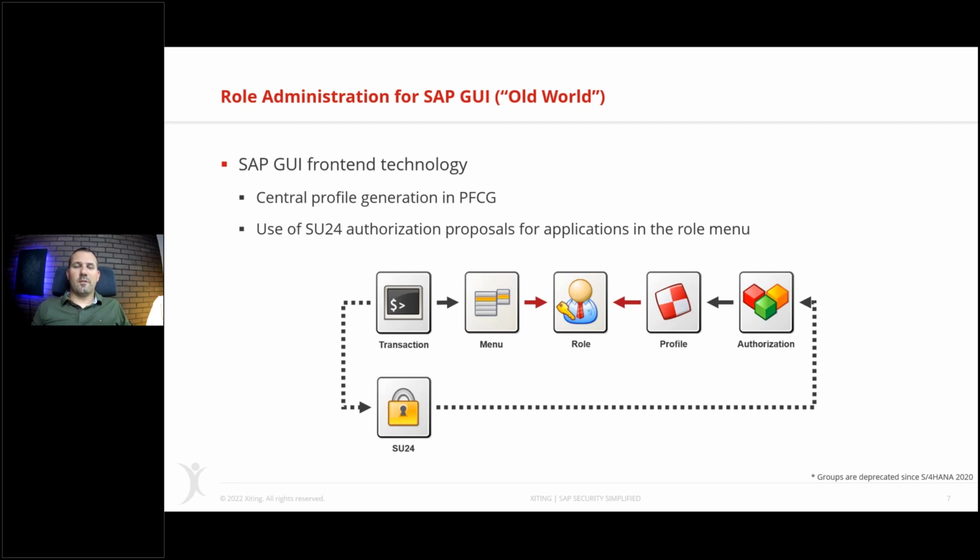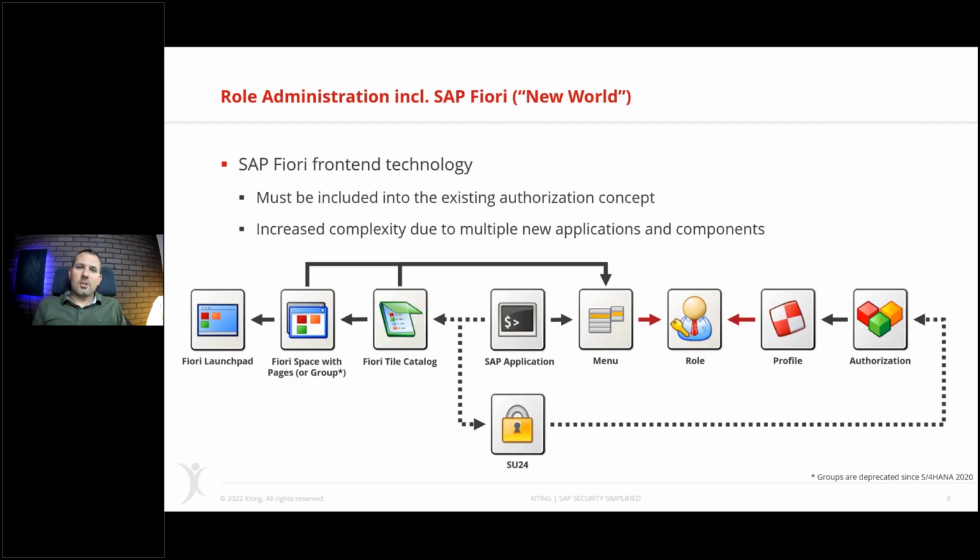But it was pretty straightforward from an authorizations perspective, and we were able to easily authorize that if someone needed one. Now with Fiori, that changed a little bit. So what changed here is that now the front-end technology is different. We have, and we'll see that in the next slide when we look into the architecture.